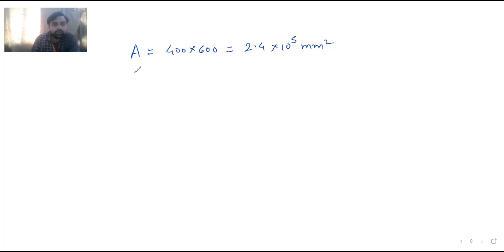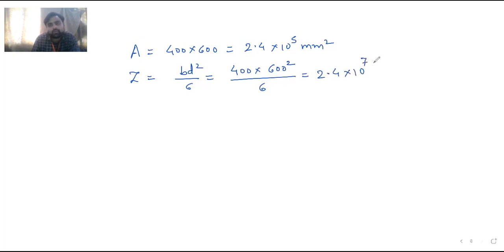Then we will calculate the value of Z. It is again bd square by 6, which is equal to 400 into 600 square divided by 6. This is again 2.4 into 10 raised to 7 mm cube. Okay, these two values we have calculated.